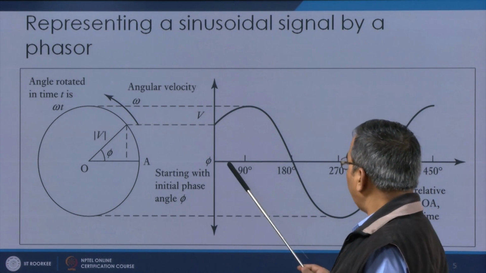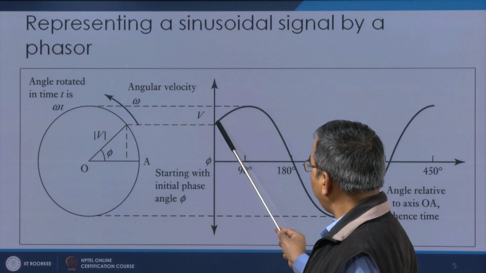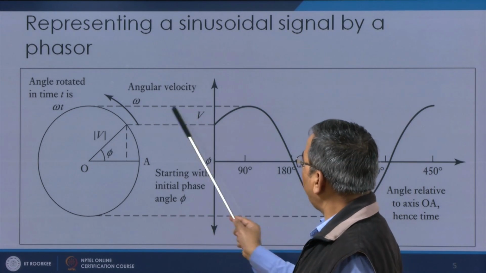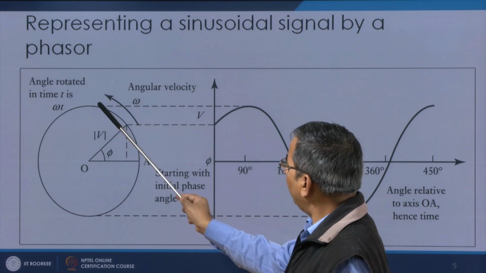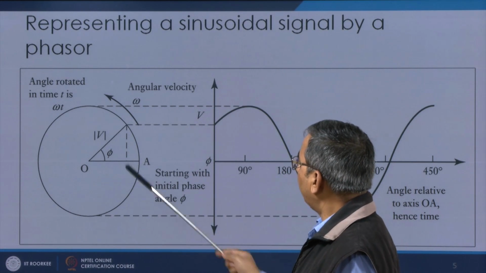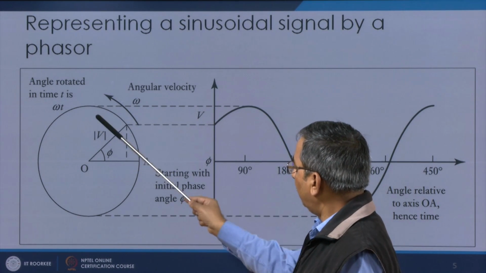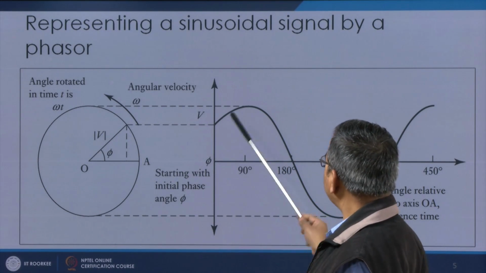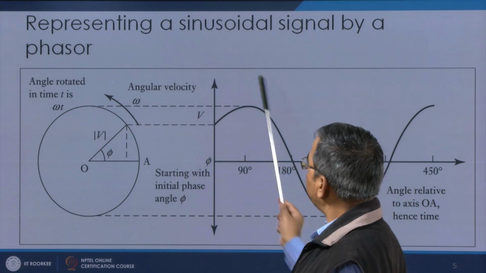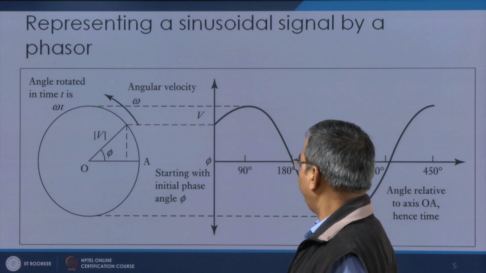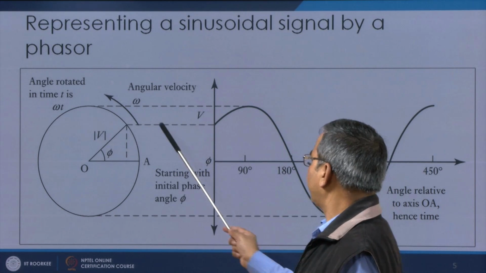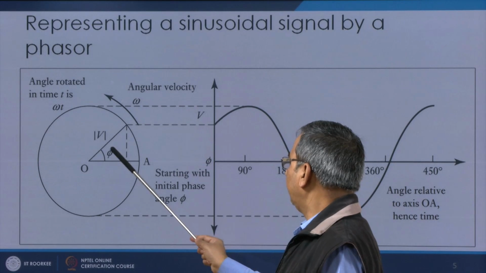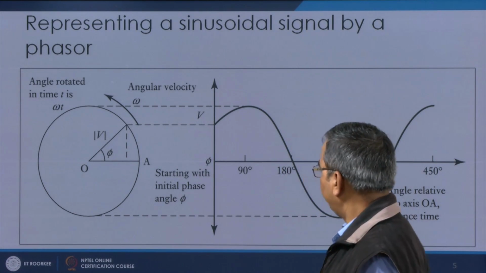Here you see that this begins with phi, so there is a phase angle of phi, and this magnitude is represented over here, and of course, that has a value of V. So this sinusoidal signal can be represented by a phasor here, and as I said, this phasor has a magnitude V and a phase angle phi.